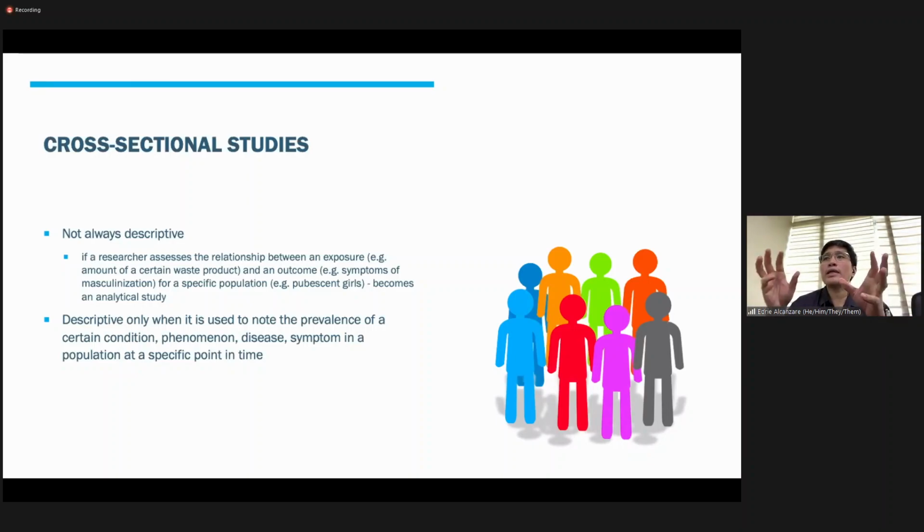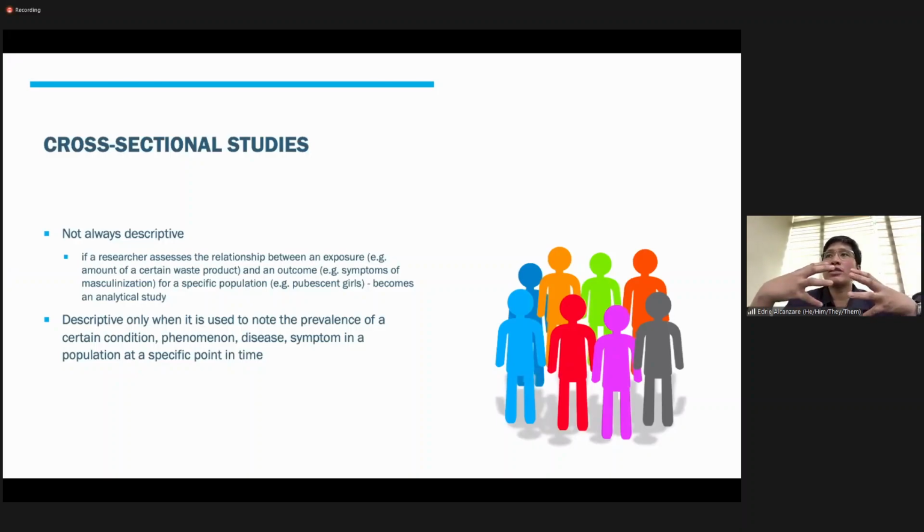Okay. It is descriptive. Cross-sectional studies are only descriptive when it is used to note the prevalence of a certain condition. So let's just say the number of heart attacks in males in their late 30s.